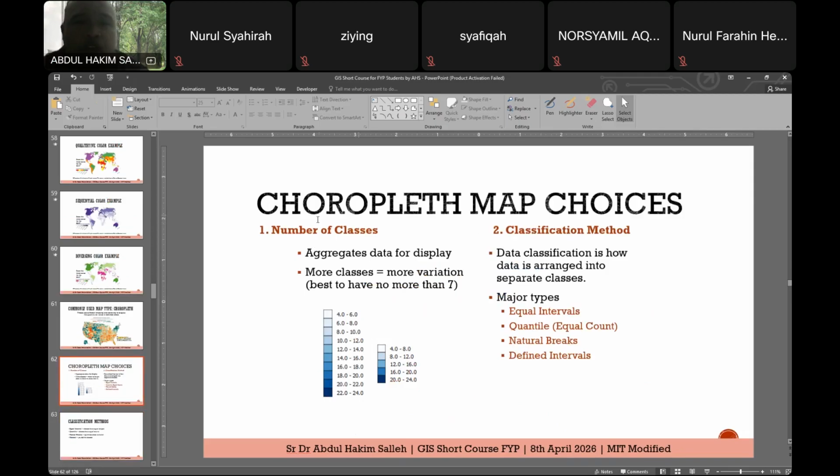Next, the choropleth map choices are based on two methods. First, of course, is the number of classes. Second is the classification method. The number of classes here can increase up to 50 classes. But if you increase the number of classes, you need to be able to explain the differences between one class to another.